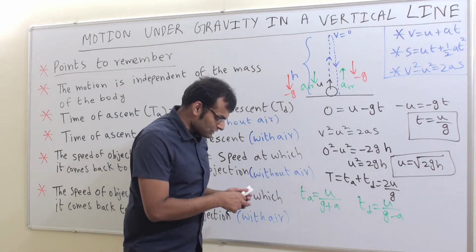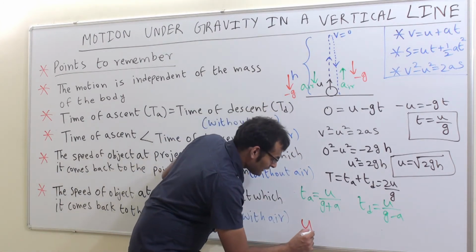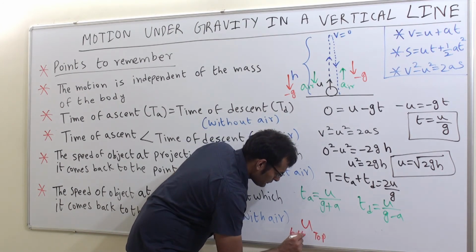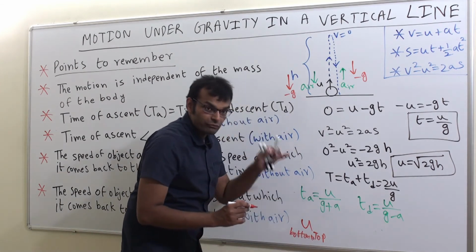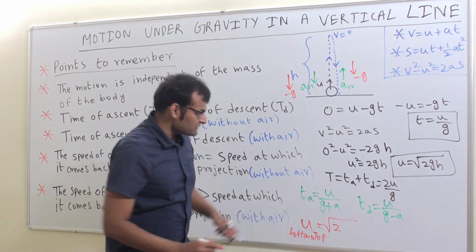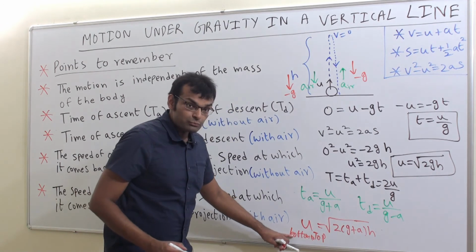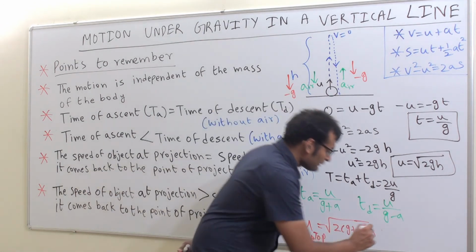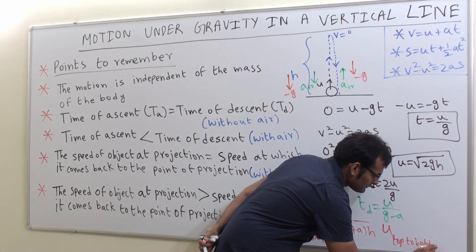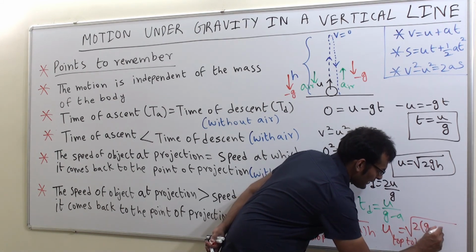Now the formula turns out to be something like this. In this case, while it is moving from bottom to top, the equation becomes root of 2 into (g plus a) into h. And u while moving from top to bottom would be root of 2 into (g minus a) into h.